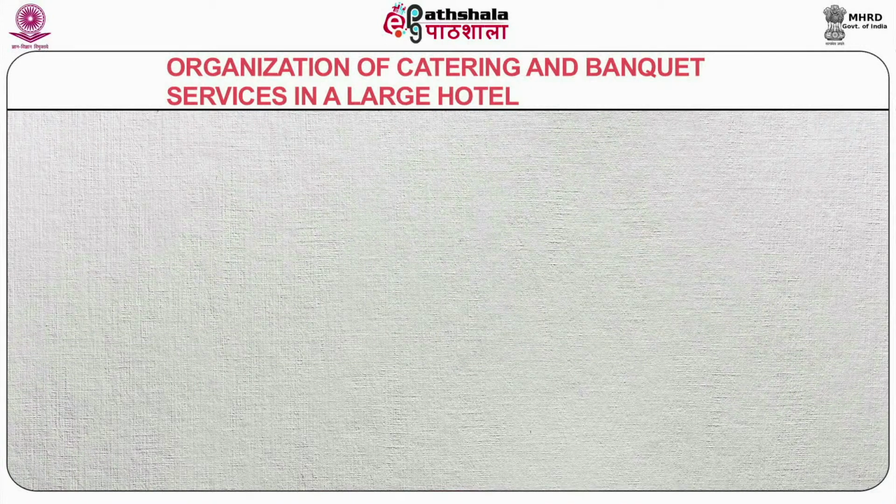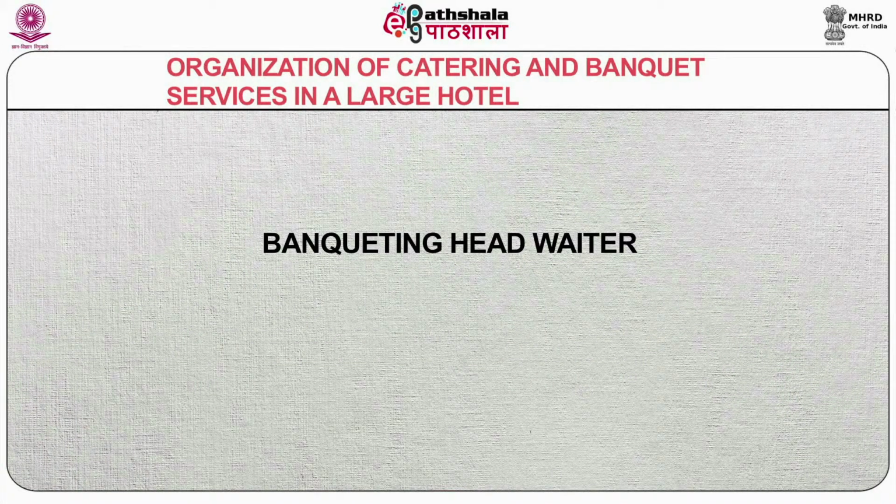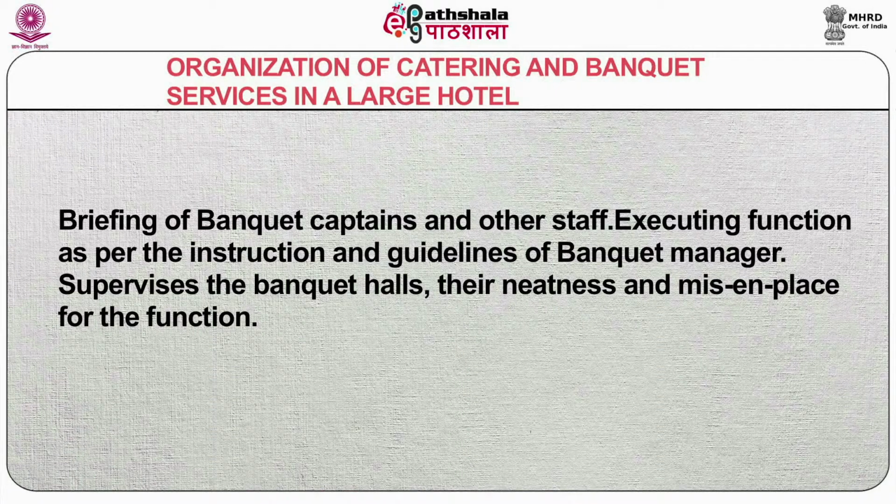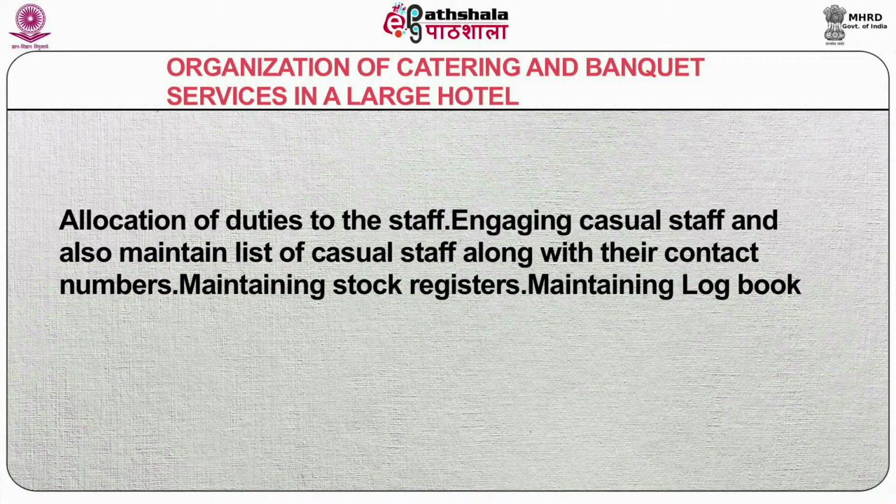He is responsible for briefing of staff, shares function details, and gives instructions for getting things done. Second, banquet head waiter: briefing of banquet captains and other staff executing the function as per the instructions and guidelines of the banquet manager. Supervises the banquet halls, their neatness and mise en place for the function. Allocation of duties to the staff, engaging casual staff and also maintaining a list of casual staff along with their contact numbers.